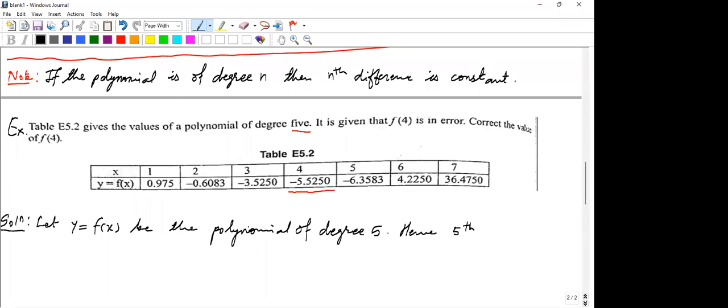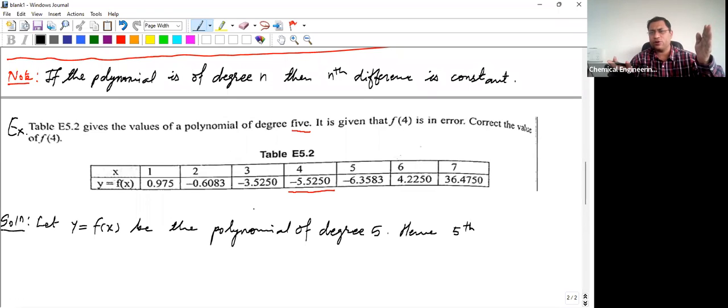As we know, the error will propagate. We have seen in the last lecture how the error propagates in the coming differences, and it makes multiple copies. So first we have to find out the table and then correct this value. Once we correct this value, then your predictions or your interpolation will be correct.